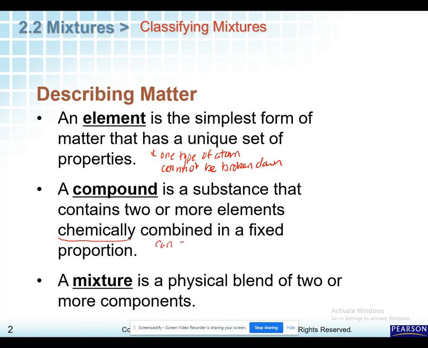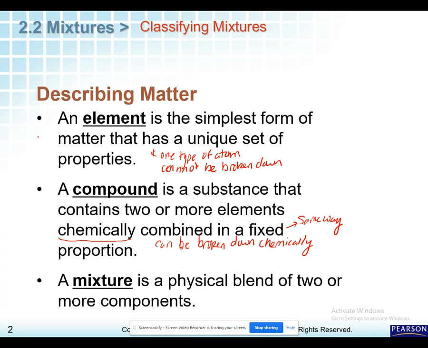So we can put can be broken down chemically. And compounds are in a fixed proportion. So remember, fixed proportion means that it's always going to come together the same way. This is an important distinction to make because these two things actually help tell the difference between a compound and a mixture.